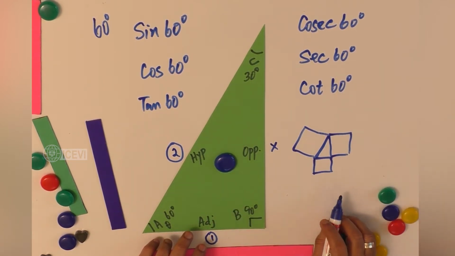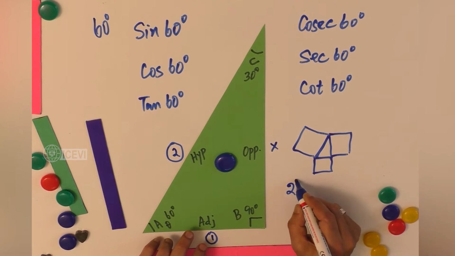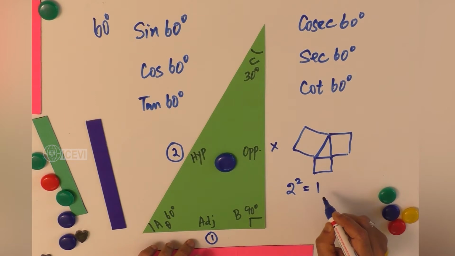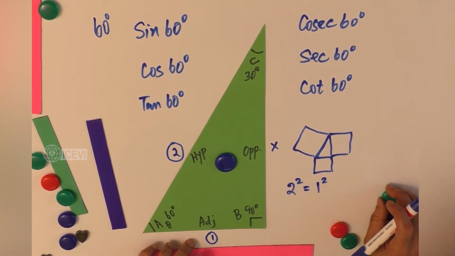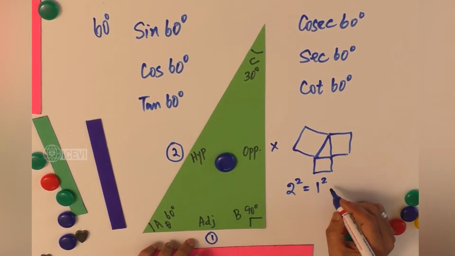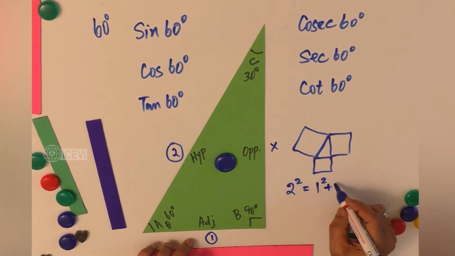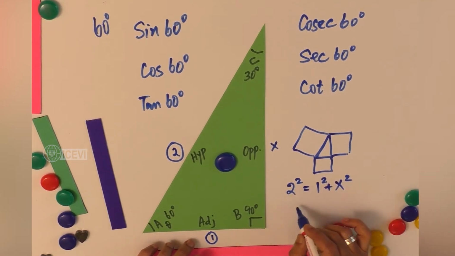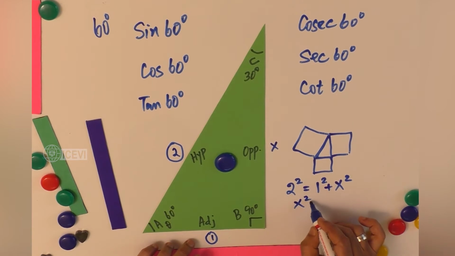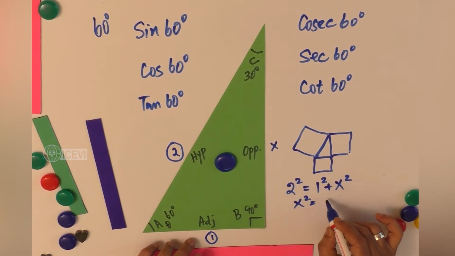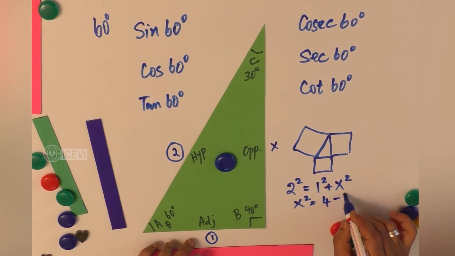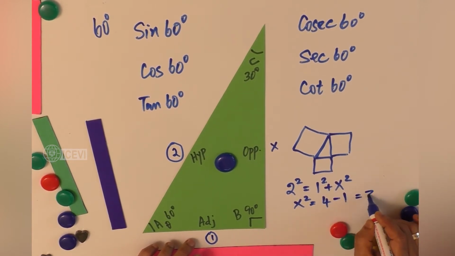So the hypotenuse is 2, and 2 squared is equal to 1 squared, that is the adjacent squared, plus the square on the opposite side, which is x squared. So if you just reverse it, x squared equals 2 squared, which is 4, minus 1 squared, which is 1, that is 3.